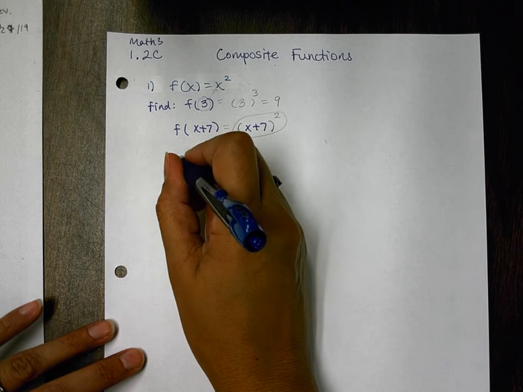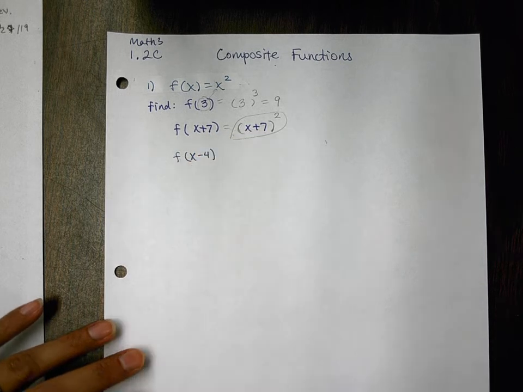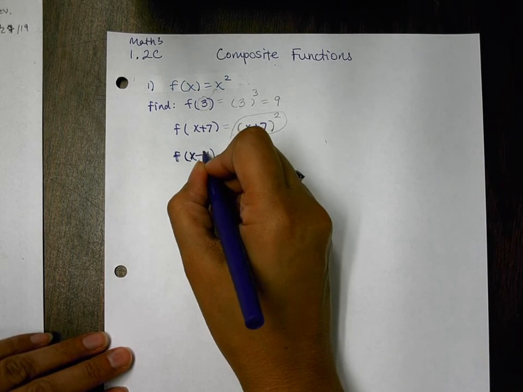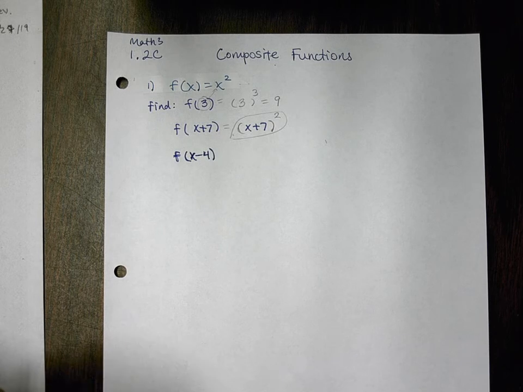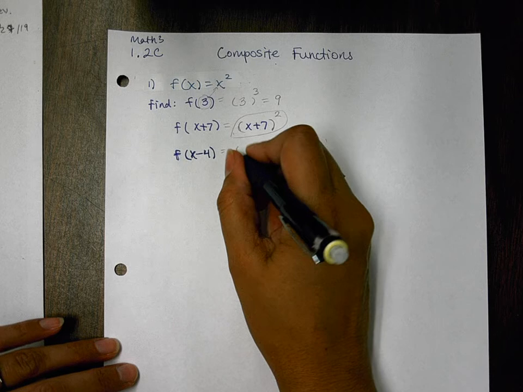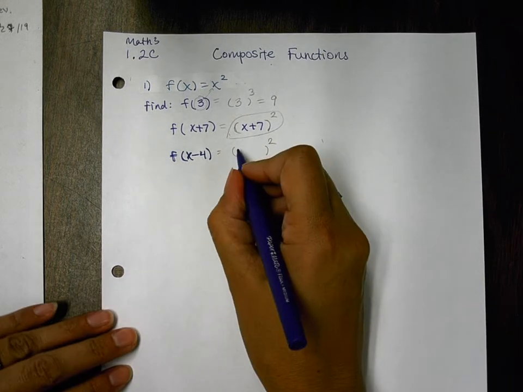Alright, so I could ask you to find f of x minus 4. Same thing. Whatever's in the parentheses gets dropped in where the x is. So I put parentheses squared, and in that parentheses I'm going to put the x minus 4.